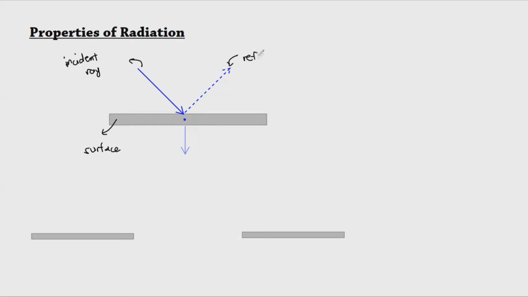This is what we call the reflected ray. And then some of it will be absorbed by the material and the rest would be transmitted. Apparently not all materials can transmit this incident ray.